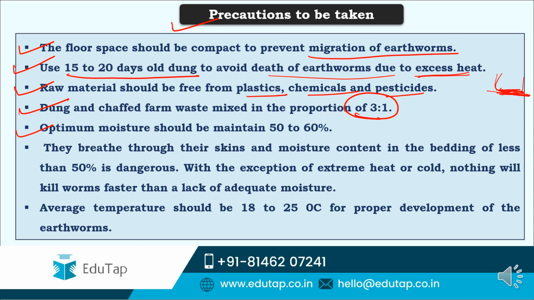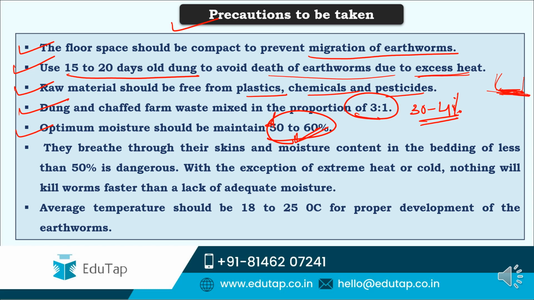Optimum moisture to be maintained is 50 to 60%. During the preparation of the bed, generally 30 to 40% moisture content should be maintained. After the release of earthworms, it should always be 50 to 60%, because these earthworms breathe through their skins, and moisture content in the bedding of less than 50% would be very dangerous to them.